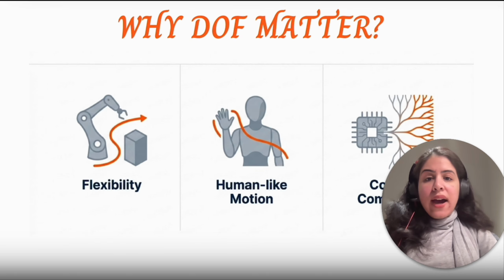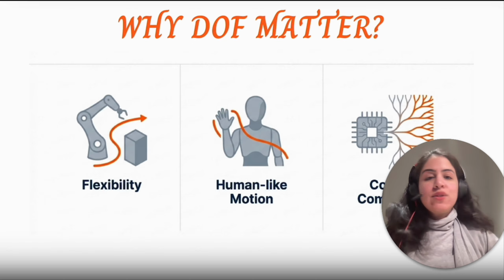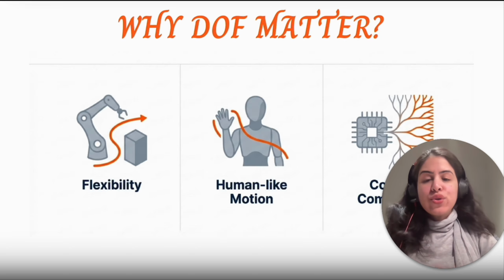Moving on, why do degrees of freedom really matter in robotics and AI? They matter for how flexible a robot's motion can be, because each additional degree of freedom gives the robot another independent way to position or orient itself in the real world. They matter for how human-like it can appear, because human movement relies on many degrees of freedom and robots need a similar number to replicate natural, fluid motion.